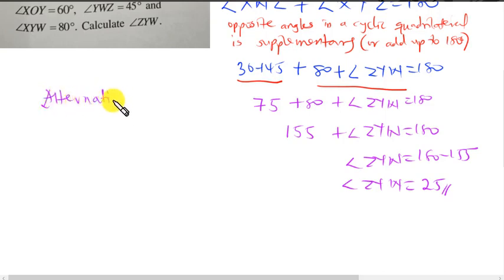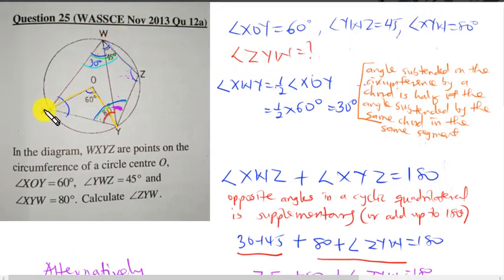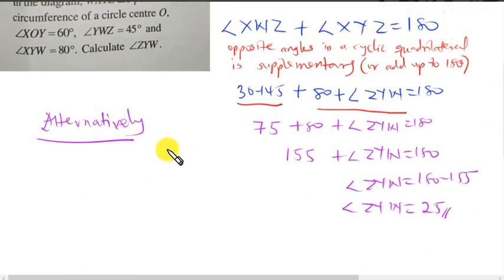That is, this step is a little bit lengthy. Alternatively, we can consider triangle XWY. So triangle XWY, let me write something here. So I'm going to write considering triangle XWY.